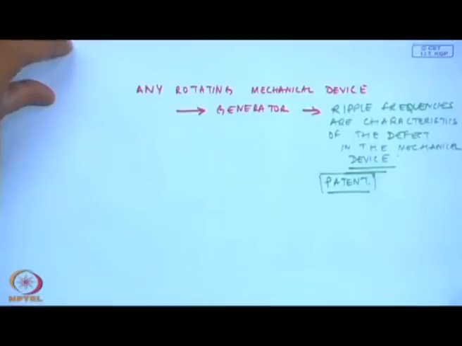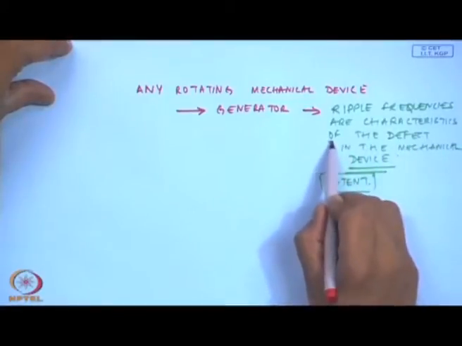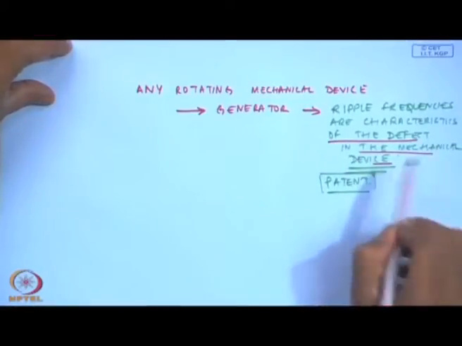So, if somebody can capture these ripples and understand the frequencies, we will see that they are characteristics of the defect in the mechanical device. So, this becomes a very powerful technique to find out defects in gas turbines powering aircraft and marine systems. So, these are very powerful techniques. Okay.